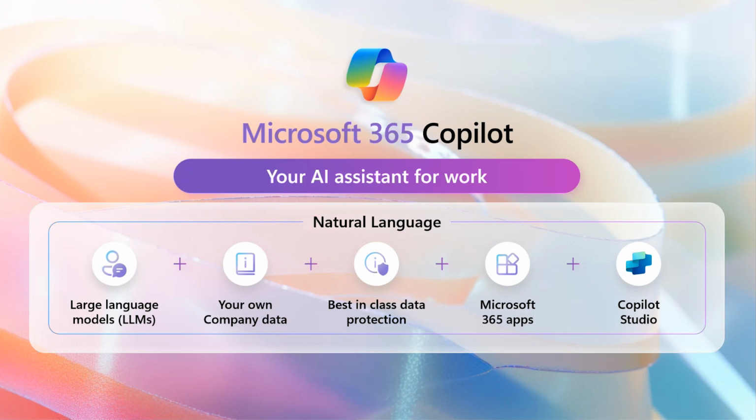You can also integrate data from over 1,200 plugins. For example, we have Adobe, SAP, Workday, and many others. Of course, all of this is protected by Microsoft security. This is a complex context that will allow Copilot to provide smarter and more relevant responses, making it an essential tool for you and for your work, obviously.